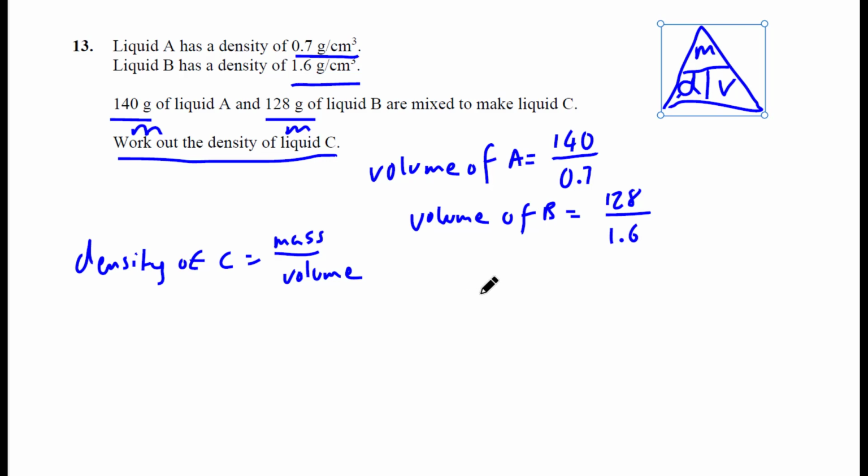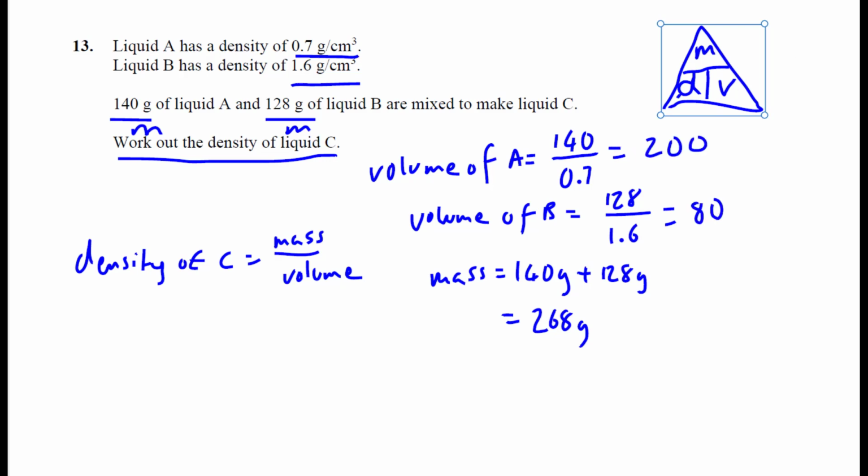So the mass combined is just adding those together, 140 grams of A, add 128 grams of B. So that's going to give us a mass of 268 grams. Now we just work out these figures here to find the volume.